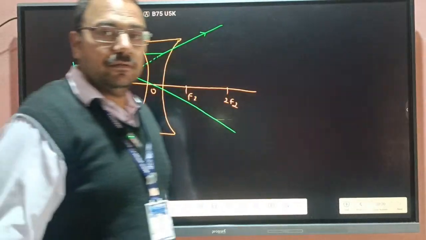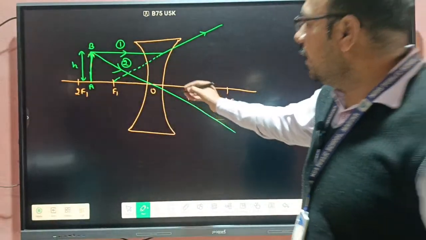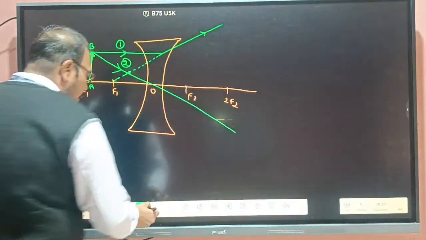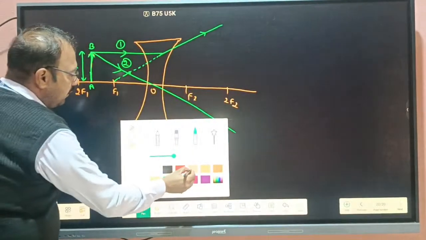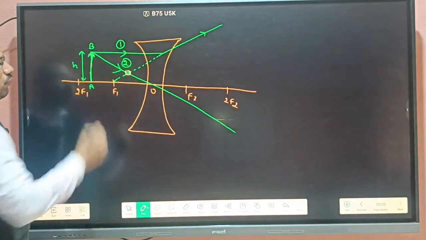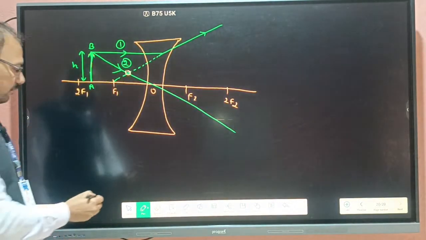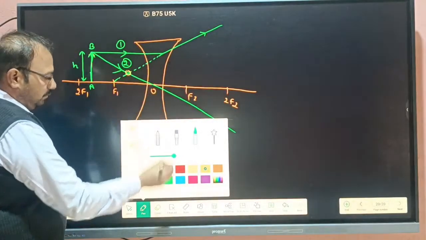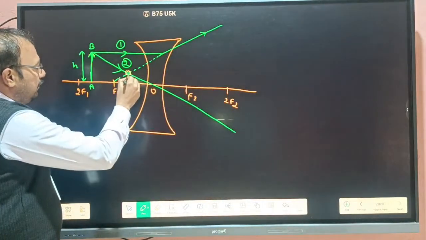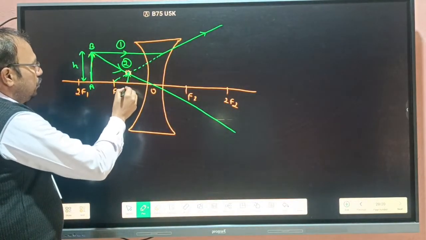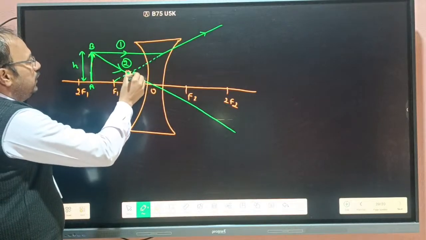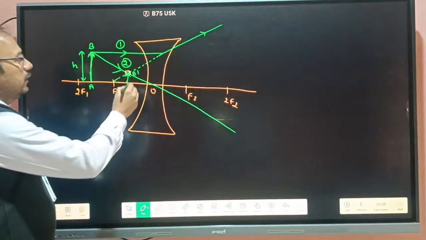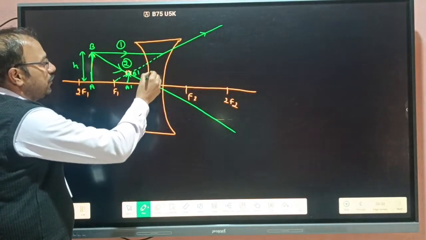See here, these two rays cut at this point. This is the point of intersection, so here we find the image. We draw it here: A dash B dash is the size of the image, which we write as H dash.